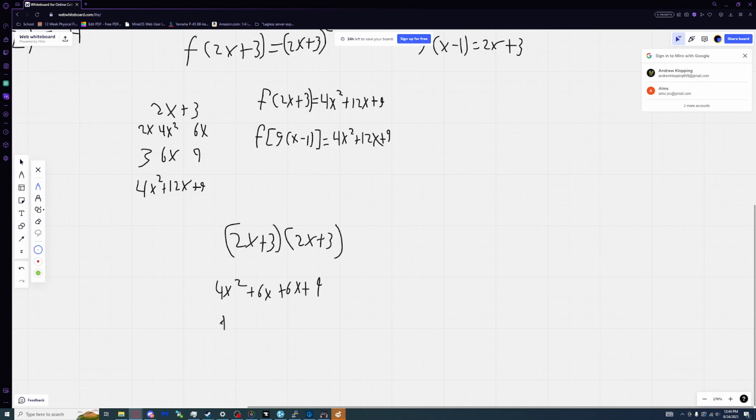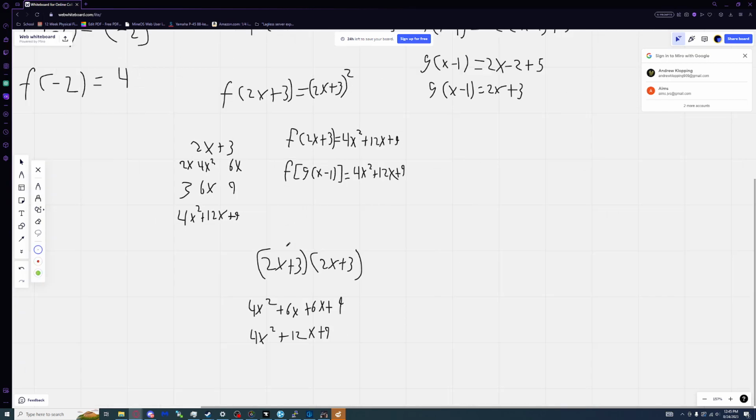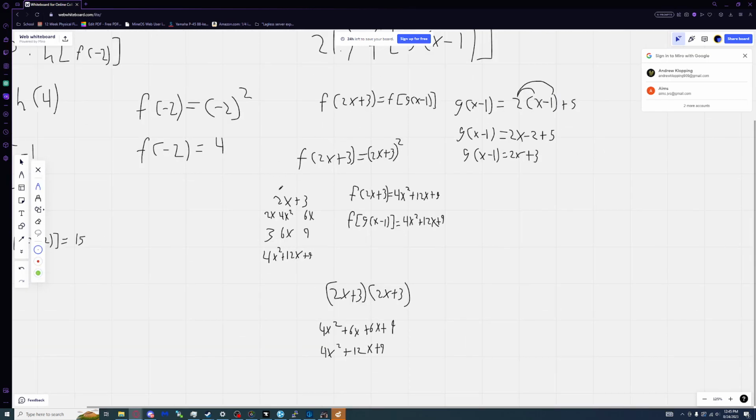And if you simplify that, you get 4x squared plus 12x plus 9. This is just the way I like to do it.